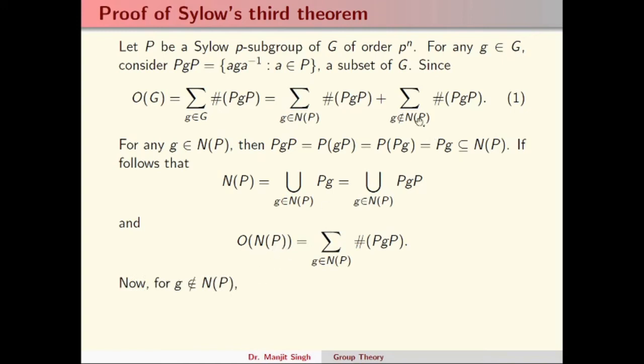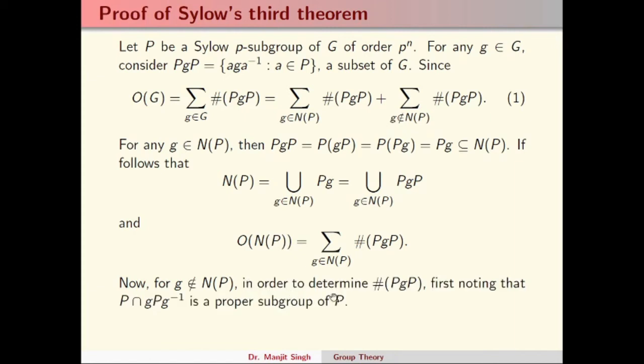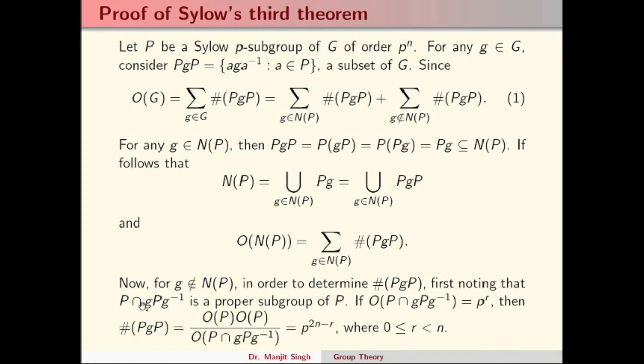In the second summation, we take g doesn't belong to N(P). In order to determine the number of elements in PgP in this situation, we note that P intersection gPg inverse is a proper subgroup of P. If it is not a proper subgroup of P, then it will be P, that is gPg inverse equals P, and hence g belongs to N(P), which is a contradiction.